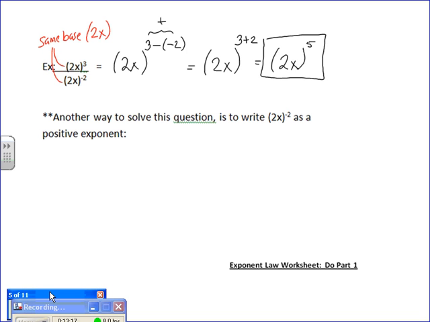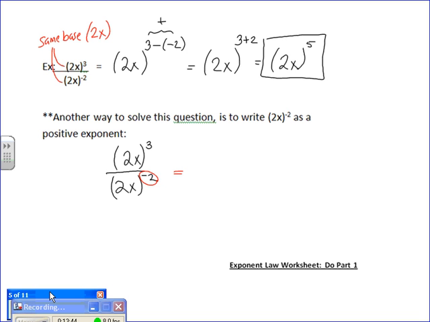All right, so another way to solve this question, just to show you how the exponent laws all come together: whenever you have a negative exponent, you can write that power as a power with a positive exponent if I flip it, or bring it up to the top and make it positive.